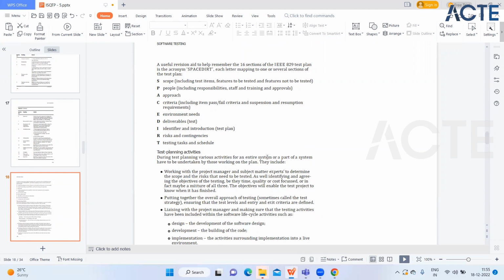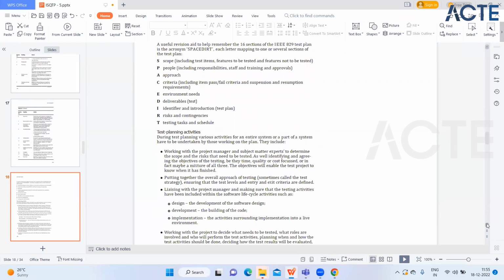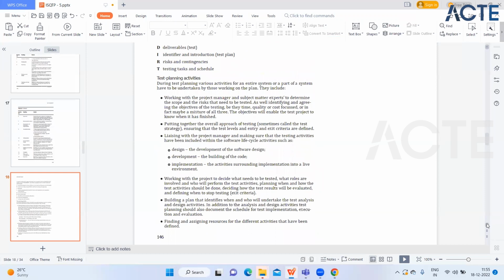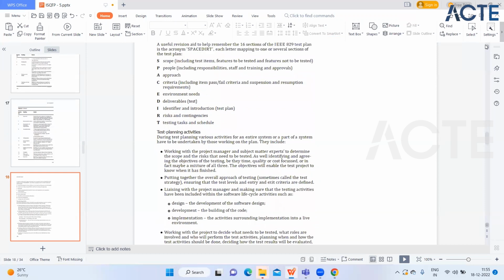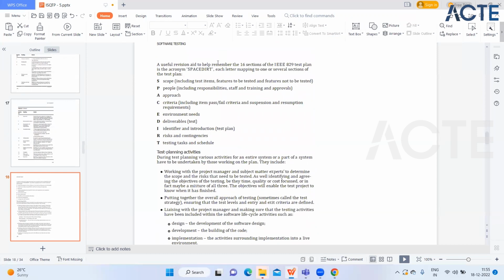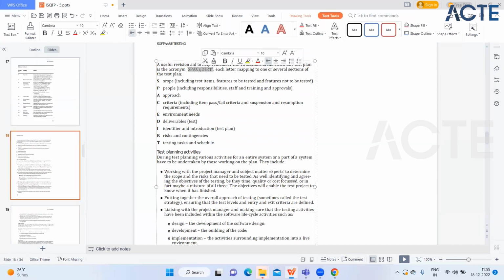Okay, so here they are just explaining the same thing in a detailed way. This is the test planning activities. What is SPACE DIRT? They have just defined it as the acronym for this IEEE 829 test plan standard.